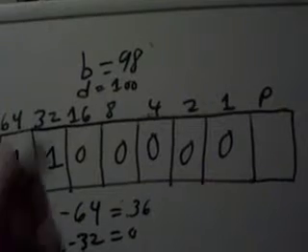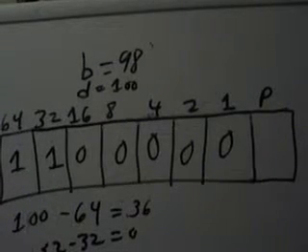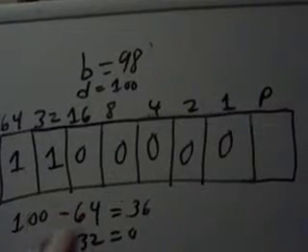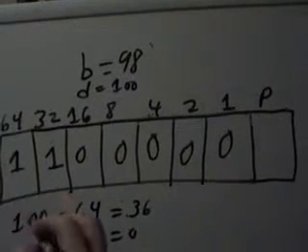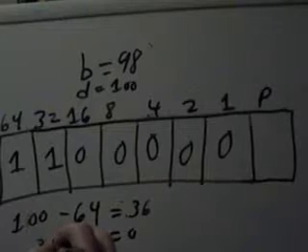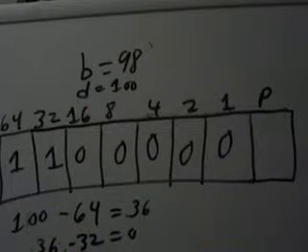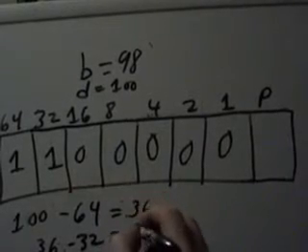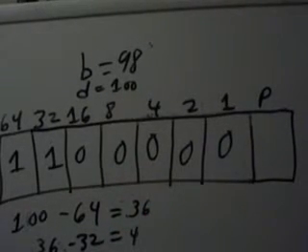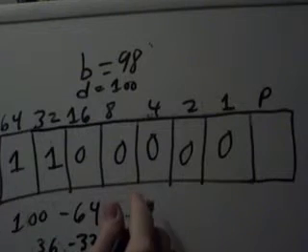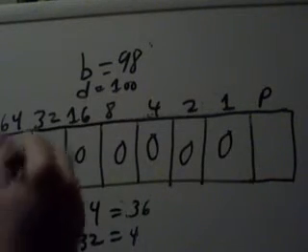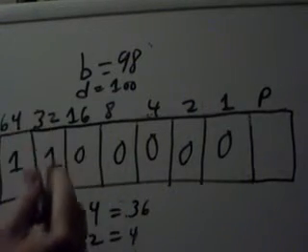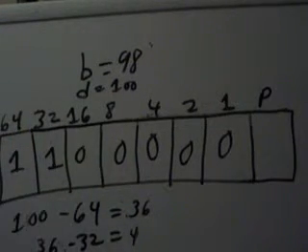Okay, well, is 36 greater than 32? Well, of course it is. That's going to leave 4 right there. So we've got to put a 1 in the 64 slot. 36, of course, is greater than 32, so we put a 1 in the 32 slot.